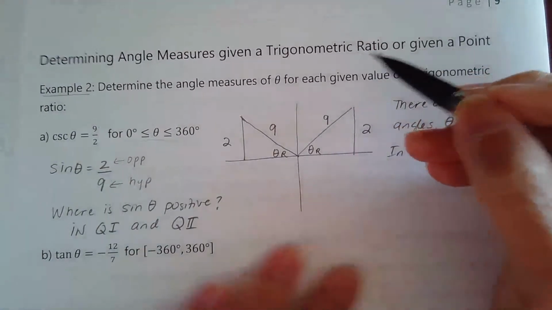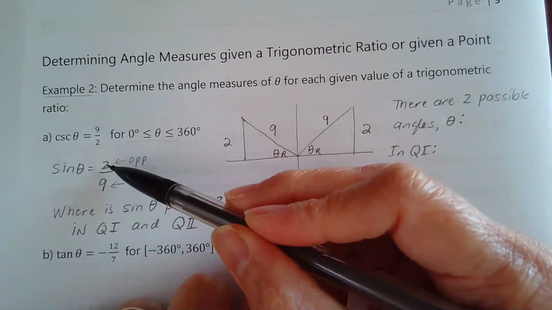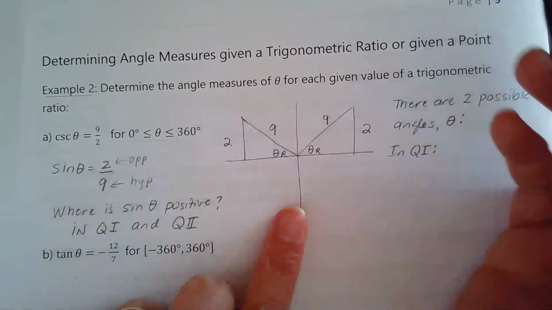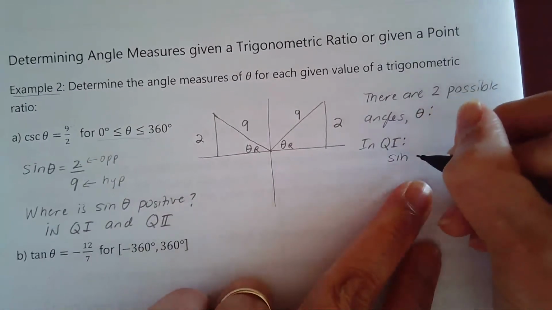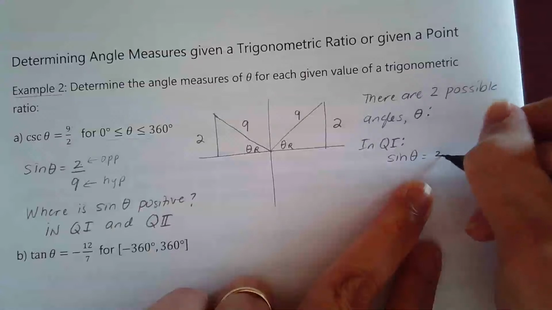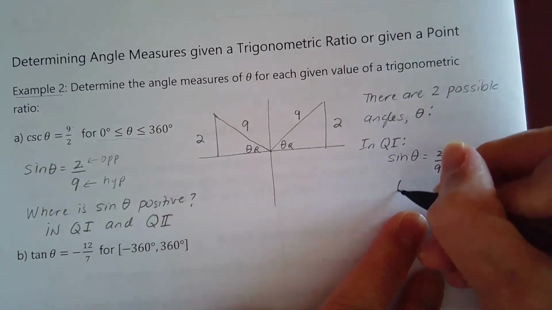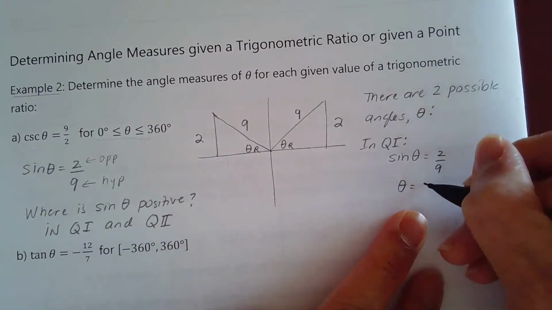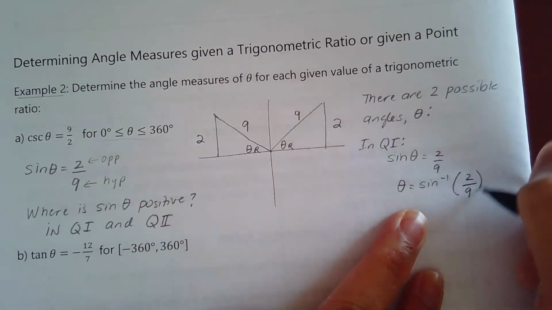Okay, so in quadrant 1, what's the angle? Let's figure that out. Sine of theta equals 2 over 9. How do we solve for theta? You take the sine inverse of 2 divided by 9.